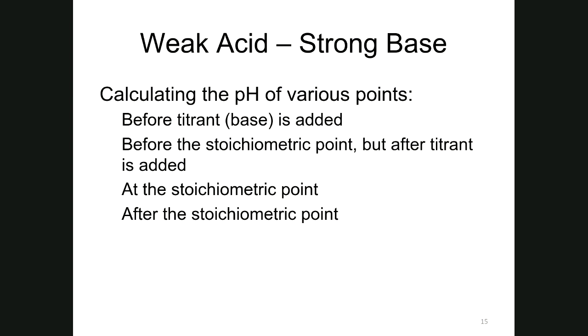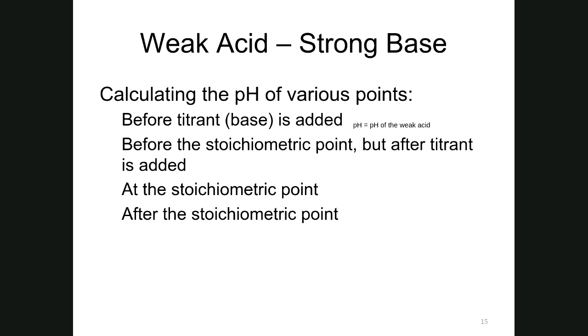In order for us to do that, the pH is equal to the pH of the weak acid. Again, we looked at how to find the pH of a weak acid in chapter 16. So this is one of those cases where you'll have to do an ice table. And remember, you're looking for the equilibrium concentration of the H3O+.